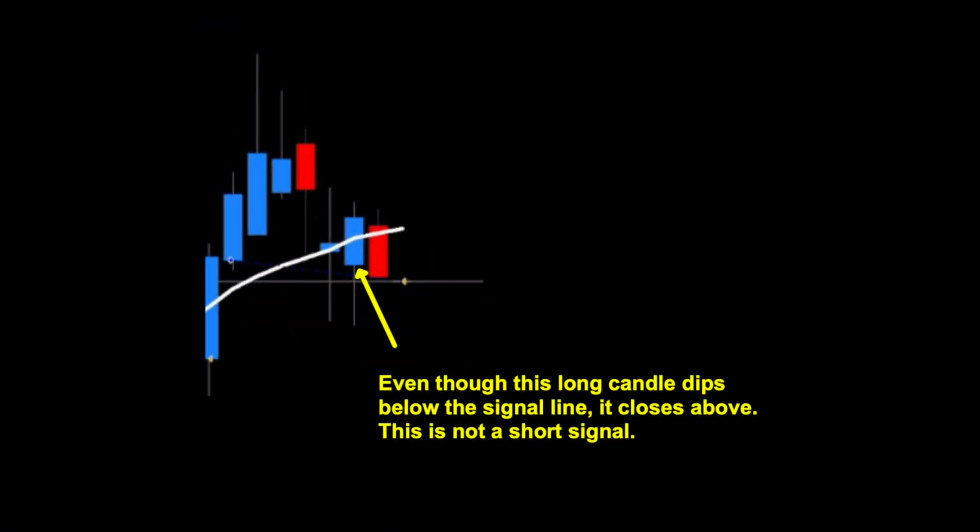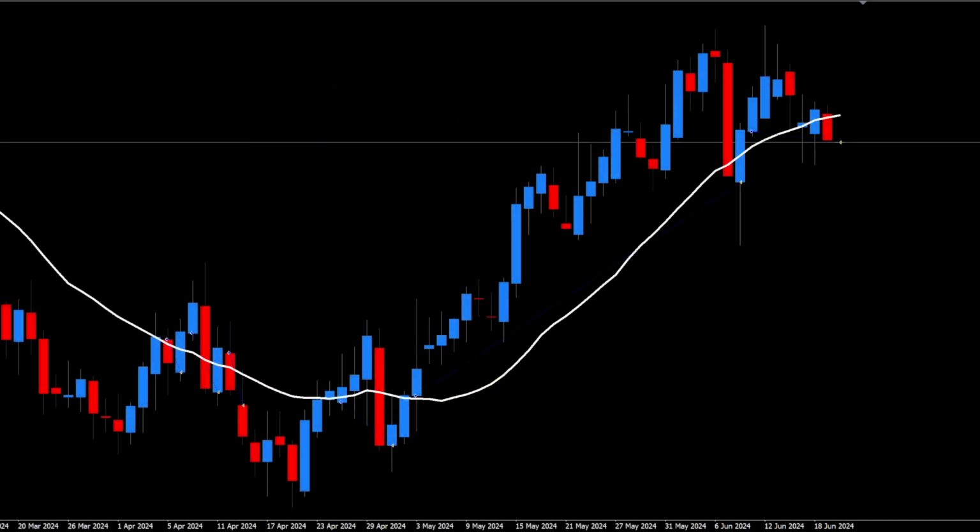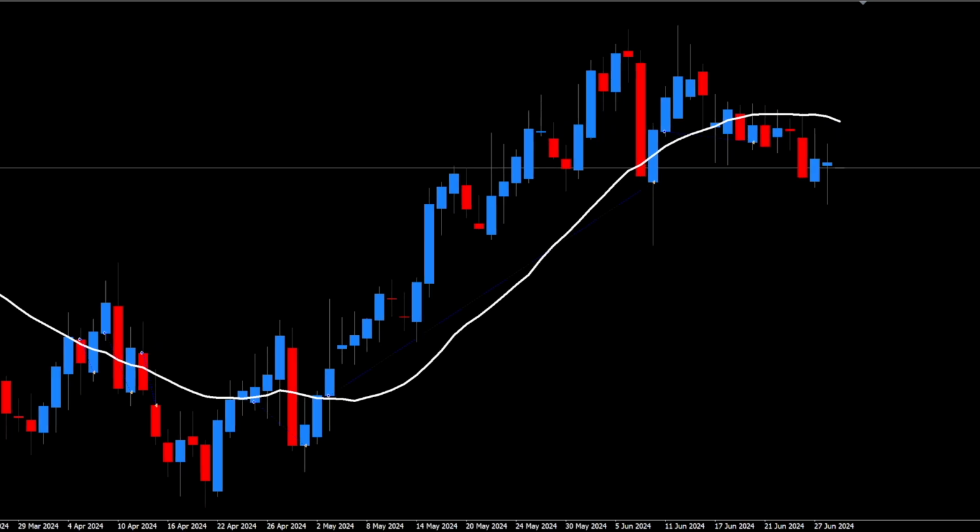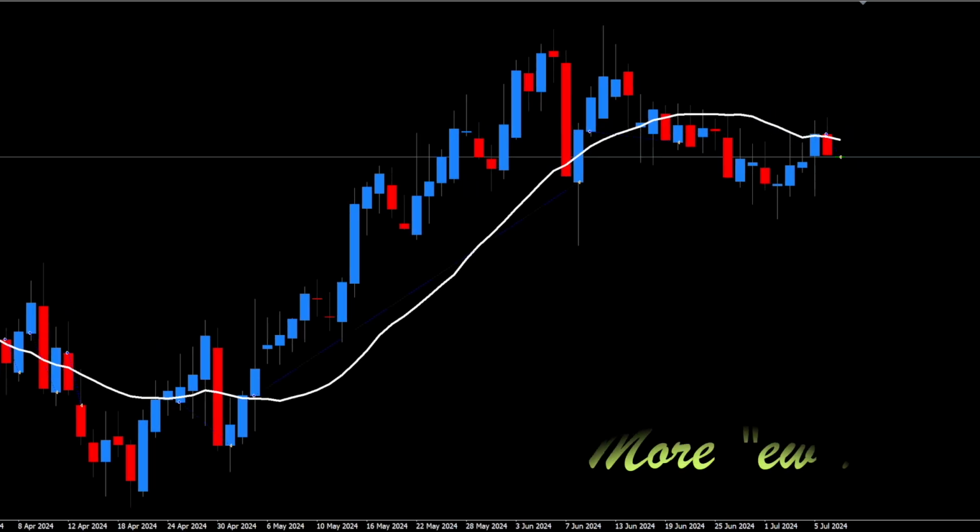As a friendly reminder and public service announcement, remember that even though a long candle did cross below the signal line, it closed above, which means it was never a short signal. Just ooh. More sideways market action, and we're on the sidelines looking elsewhere.